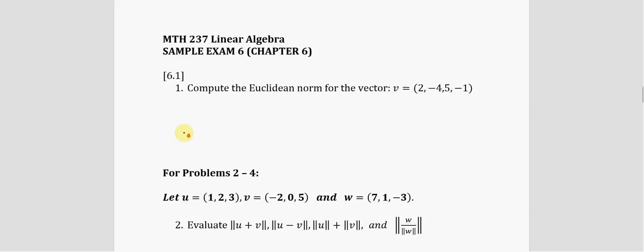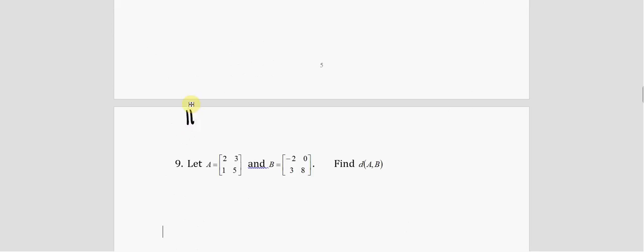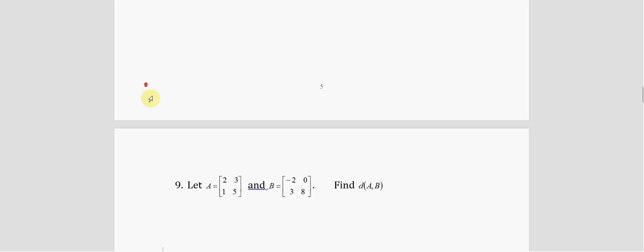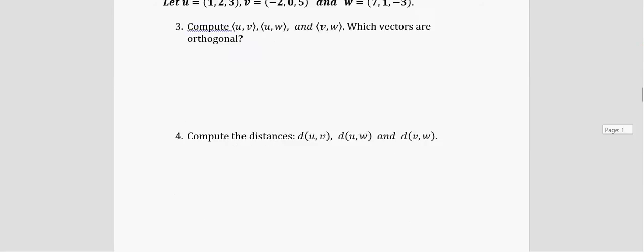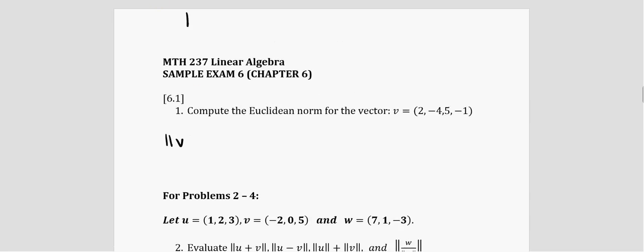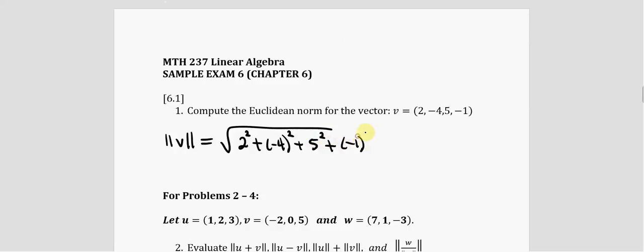Sample exam 6. This is chapter 6, sample exam. The first one, let's find the Euclidean norm for V. This is the square root of 2 squared plus negative 4 squared plus 5 squared plus negative 1 squared.